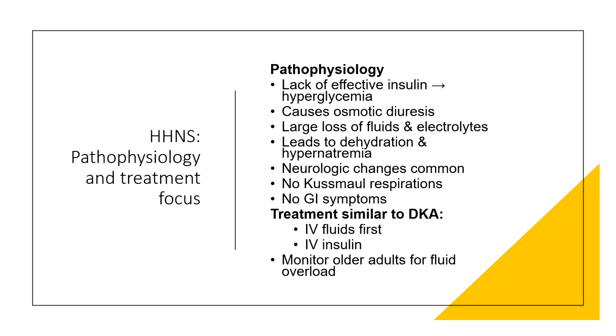So pretty older adult. In HHNS, persistent hyperglycemia causes that osmotic diuresis, which means that the glucose pulls water and electrolytes into the urine, and that's what leads to the severe dehydration and high sodium levels. All right, so to maintain balance, fluid shifts from inside the cells to the bloodstream, which further worsens the dehydration.